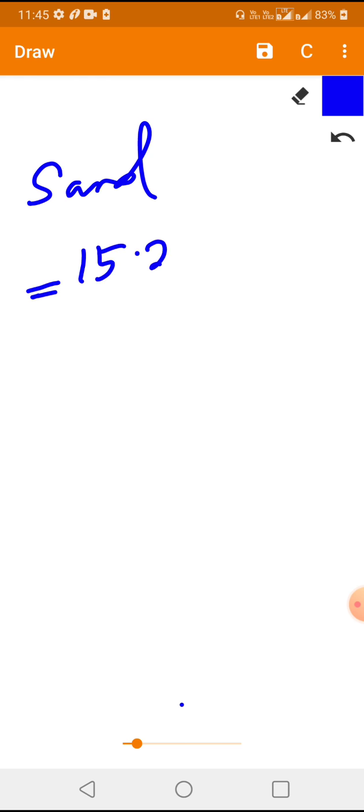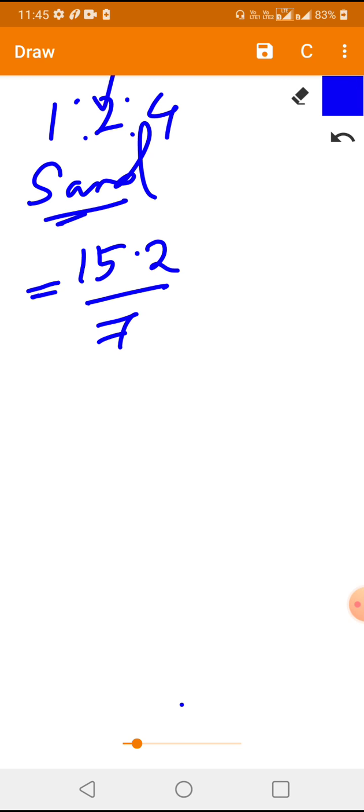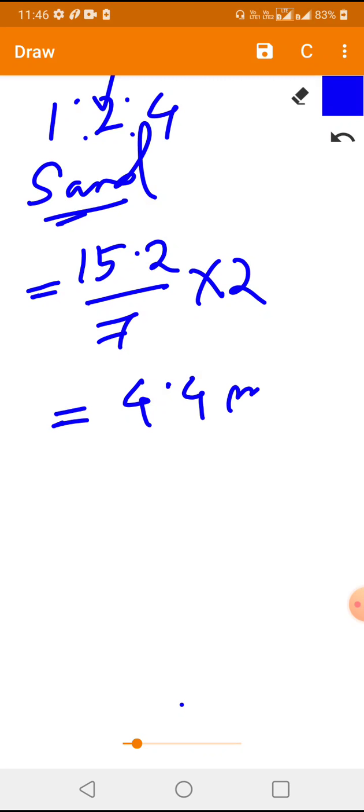So now let us calculate the quantity of fine aggregates or sand. Total dry volume is 15.2. Total of the ratios is 7 because the ratio was 1:2:4. Contribution of sand is 2. So ultimately we get 4.4 meter cube is the quantity of sand.